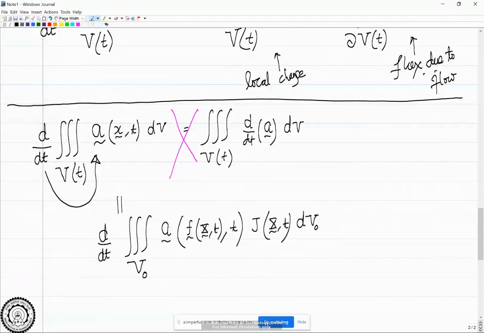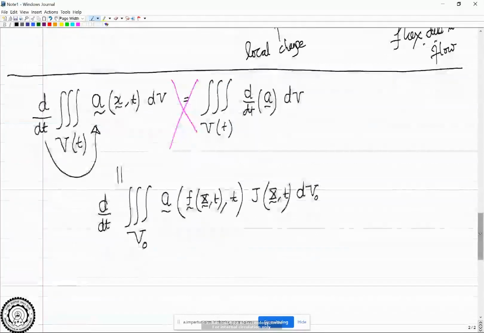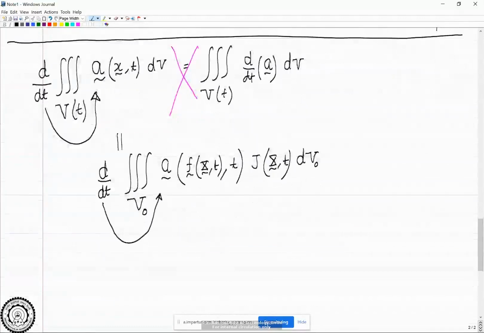This is just transforming it to Lagrangian form. But now the nice thing is you can bring this inside easily because V naught is not changing with time. That's the beauty of Lagrangian integration. You can bring the time derivative inside easily.